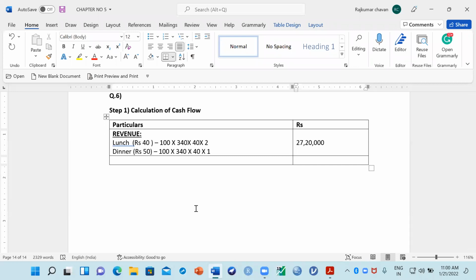17 lakh. Total how much? 17 lakh. Now, what is the total revenue they're generating from this?